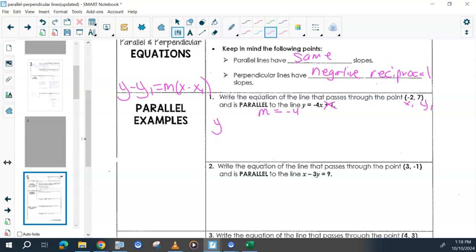We have y minus 7 equals our slope -4 times x minus a -2. The minus minus will become a plus. Do that before you distribute.